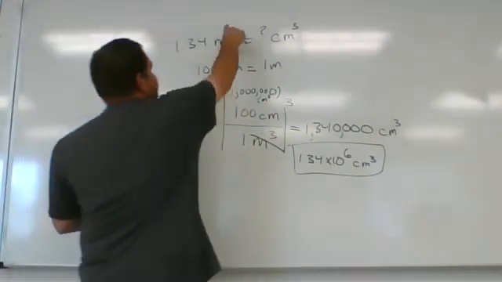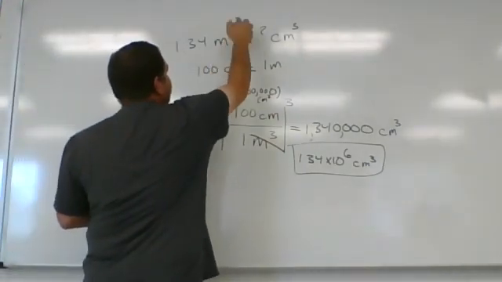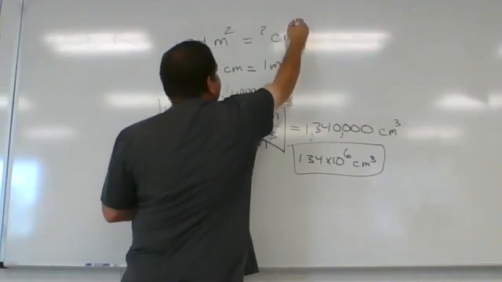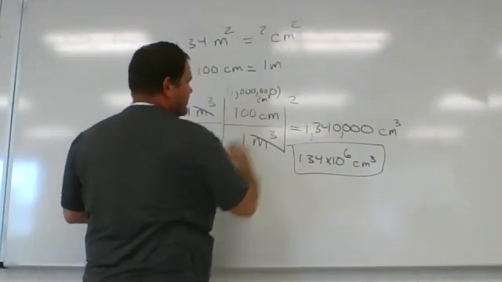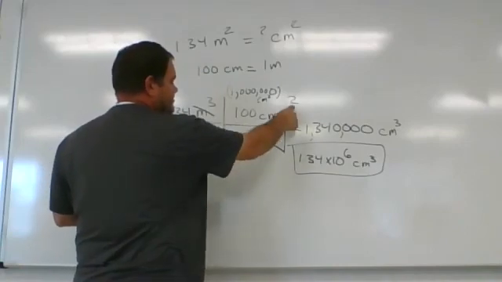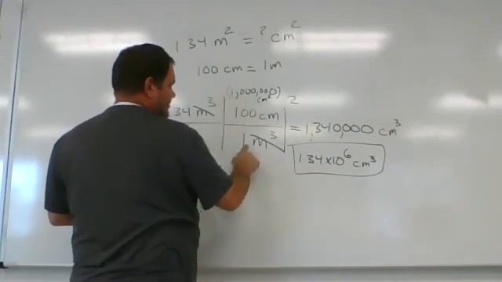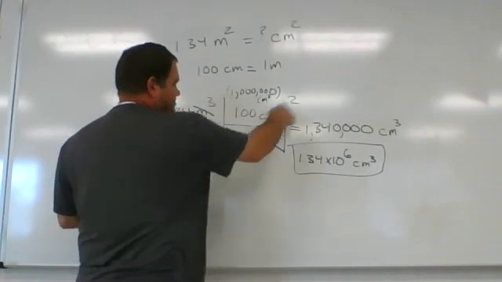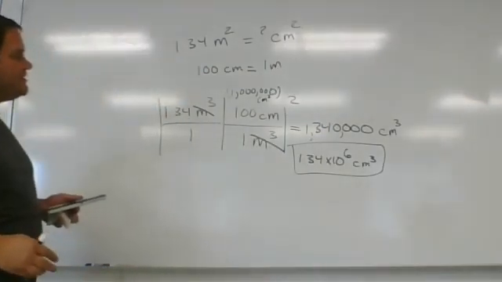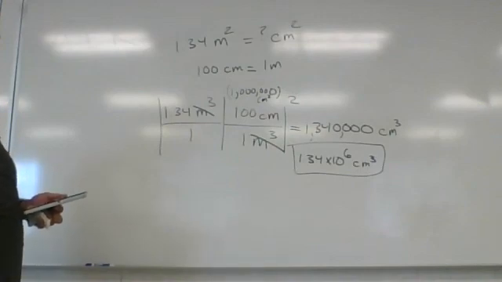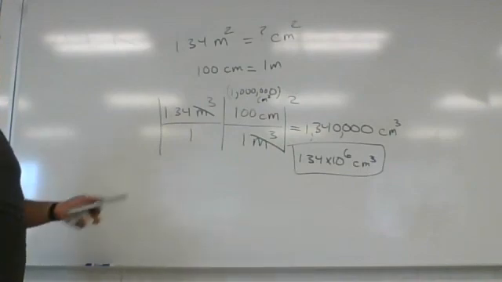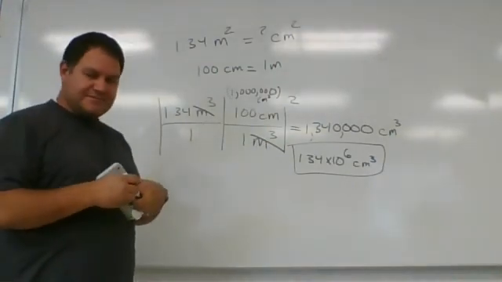If I was squared, let's say that this was squared instead of cubed, then instead of cubing everything, I would just square. So I'd do 100 centimeters squared, and then I would do 1 meter squared. So it just depends if I have to square, cube, or even go to the 4th power, okay, or so forth. Usually we just either cube or square in this particular class, okay?